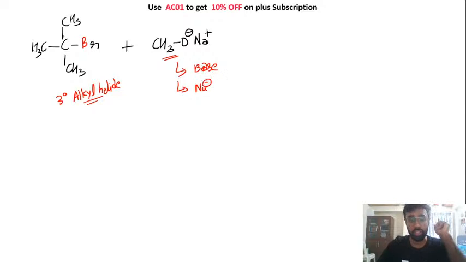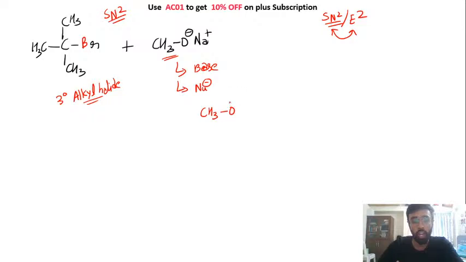Now the thing that is important is the conditions. These reactions were happening via your SN2 reaction mechanism. ठीक है. Now अपने को पता है कि अगर आपके पास रिएक्शन में SN2 की पॉसिबिलिटी है तो you also have the possibility of E2. These two reactions have the similar conditions, right? तो यहाँ पे what we are creating is we are creating CH3O negative.